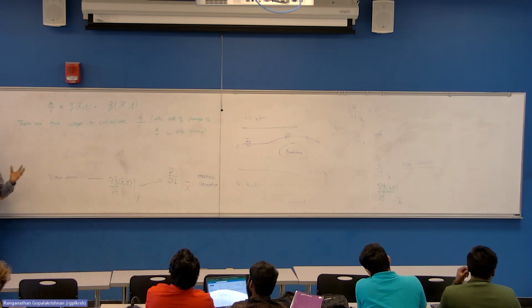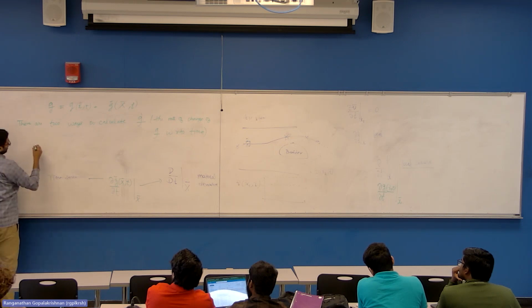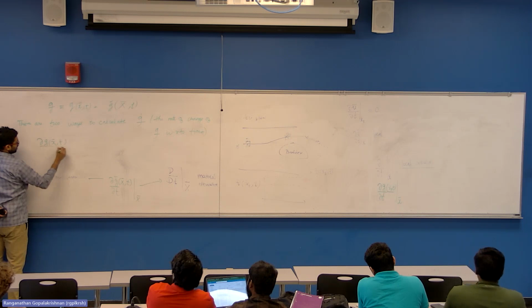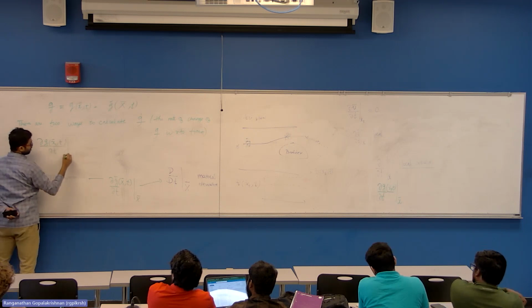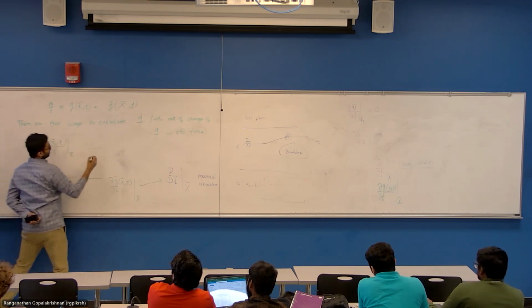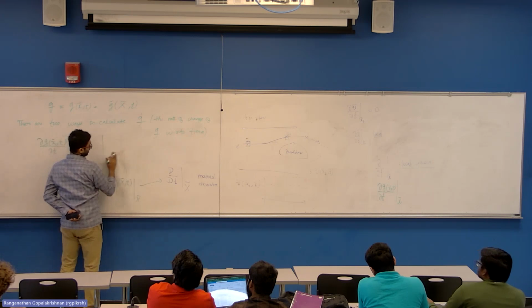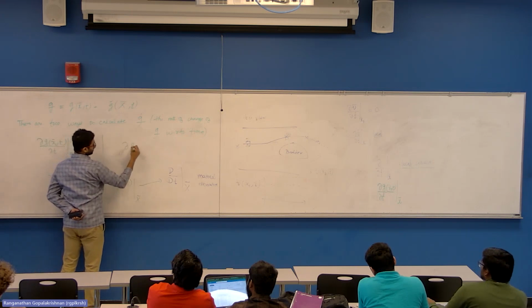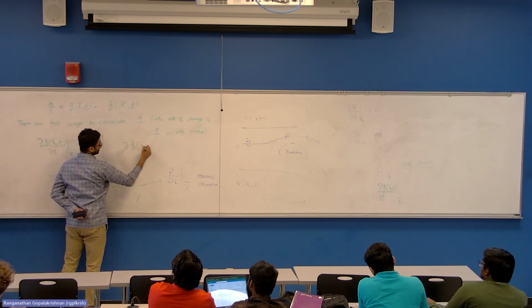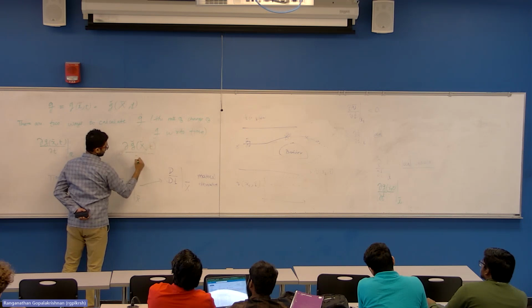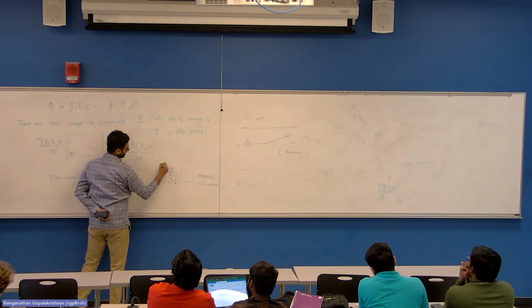What are the two ways? You can look at a single position in space and compute the local derivative. That would be partial g of x comma t with respect to time at x. It can also be calculated as the partial of g tilde of x comma t with respect to time for a given particle.